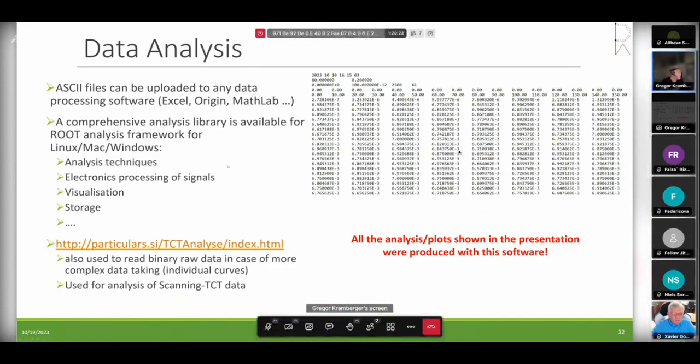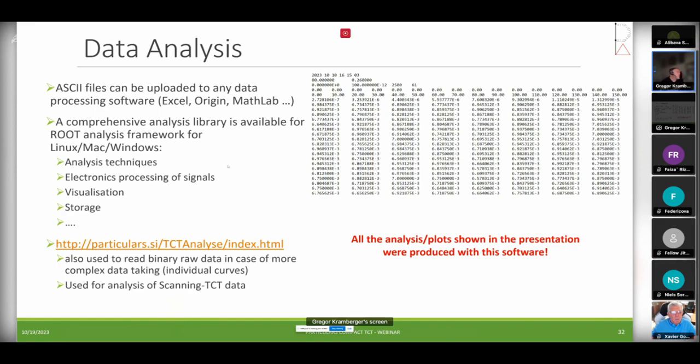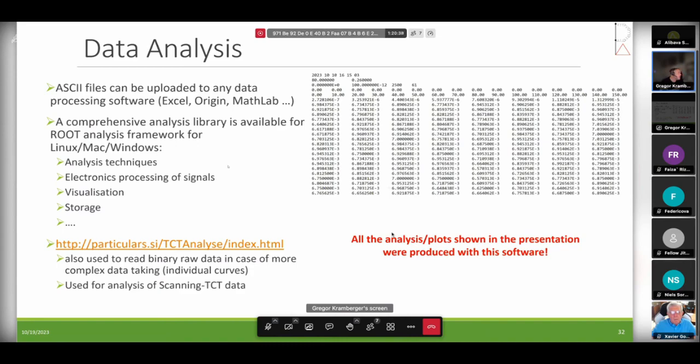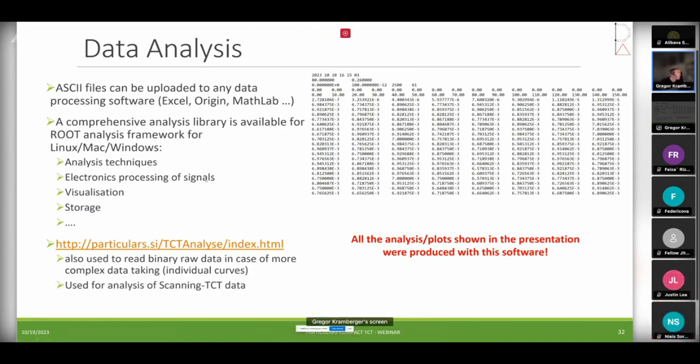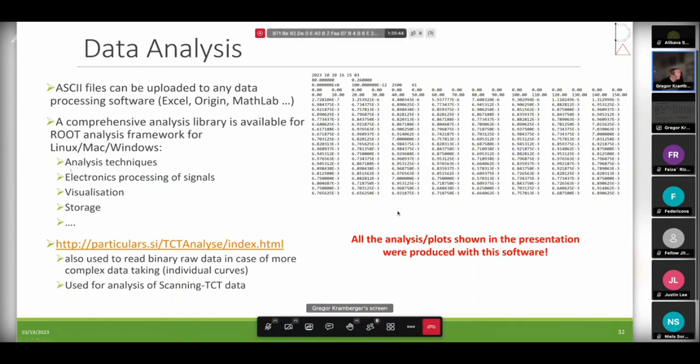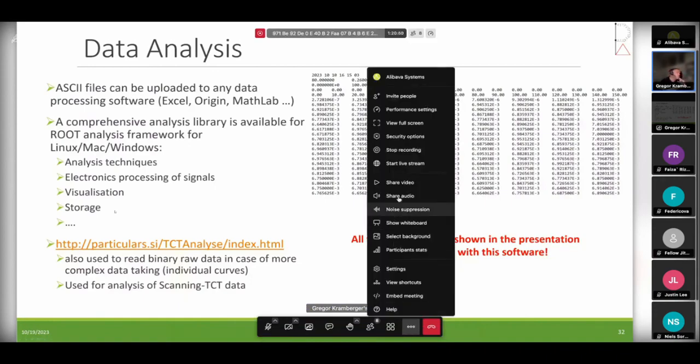What we actually advertise or propose to use is the comprehensive analysis library, which is available in ROOT on any platform, operating system that you like, which already has all these analysis techniques that I showed built in. So you load the file and then you can say what you want and it will do it for you.